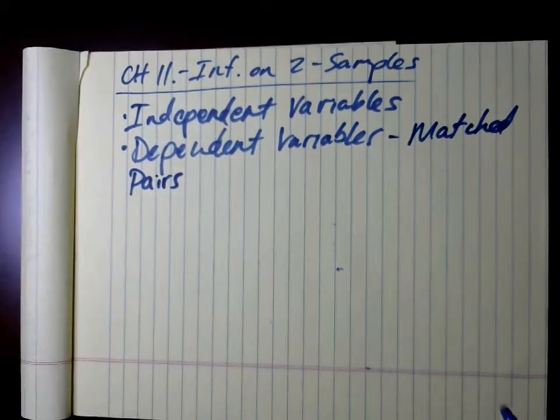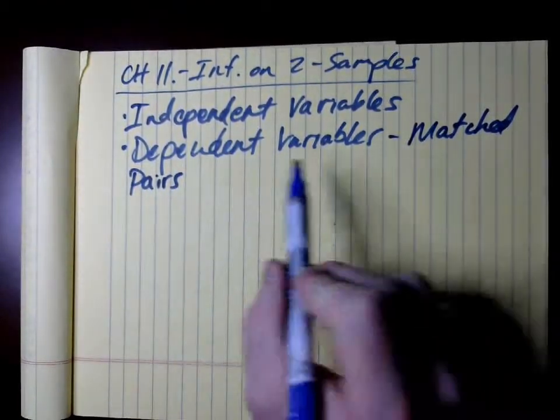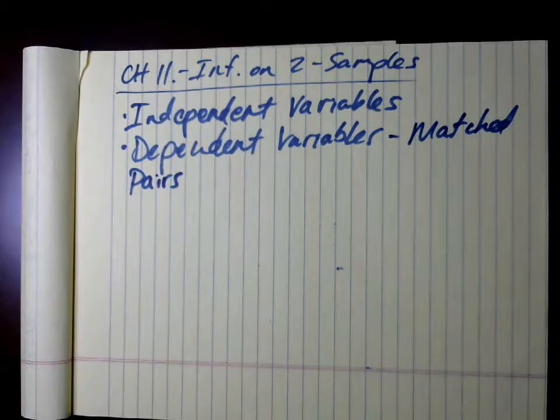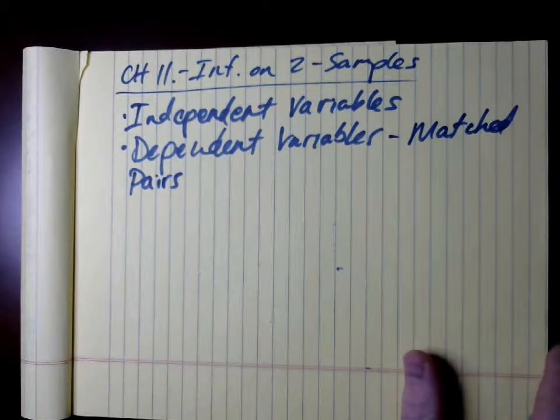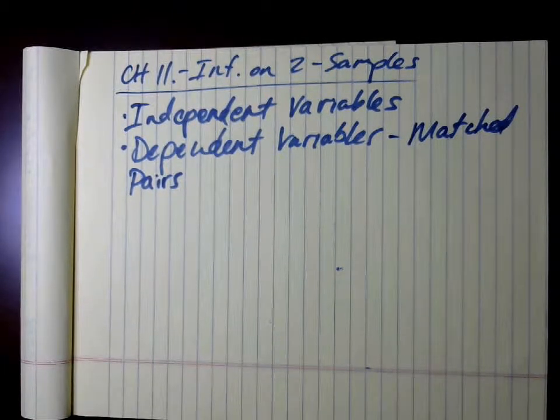So matched pairs is the same thing as dependent variables. You might see both of these vocabularies; just know that they're the same thing. Anyways, I'll let you guys read up on that, and that's all I'm going to really say. But I'll go over an example of independent and dependent variables and work out the hypothesis testing of each of these.